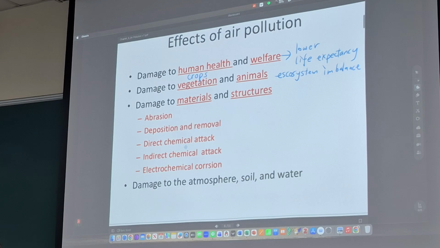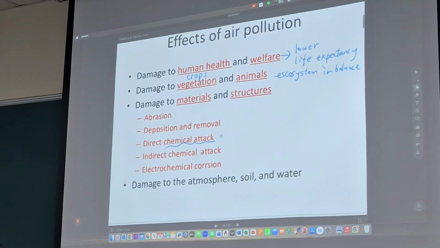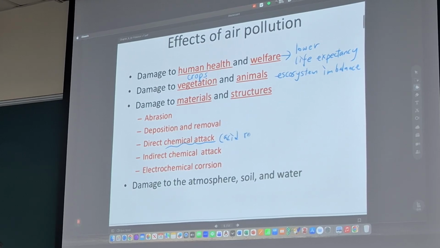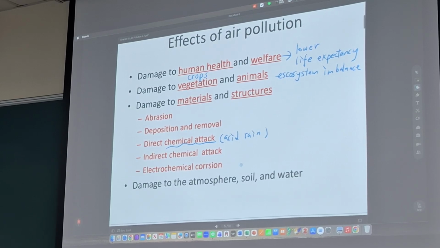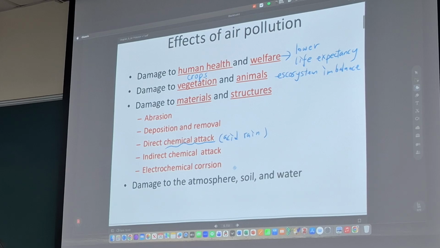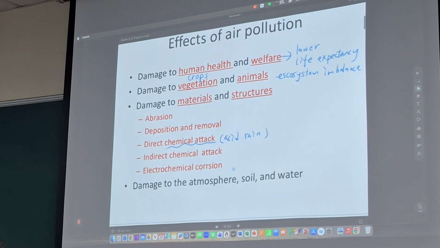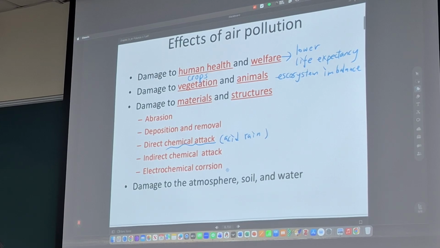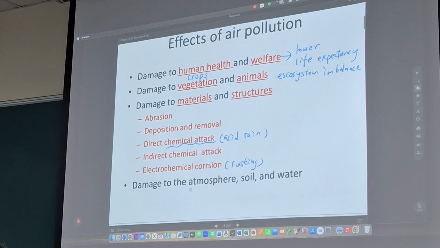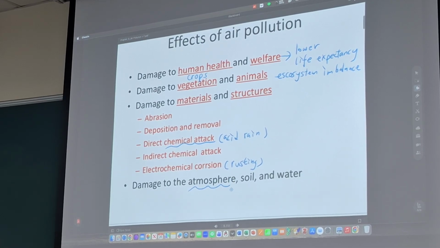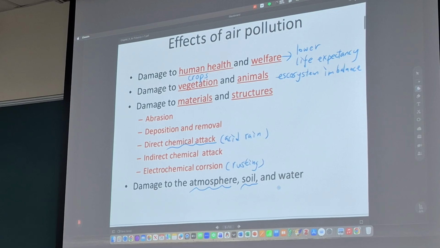And some chemical attack, for example acid rain, indirect chemical attack, and electrochemical corrosion, for example rusting. It will also damage our atmosphere, soil, or even water.